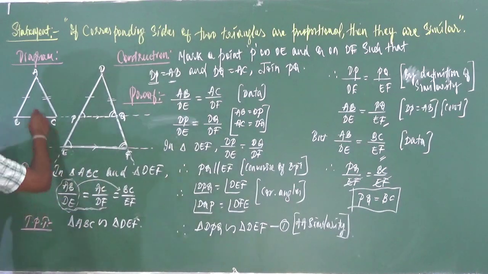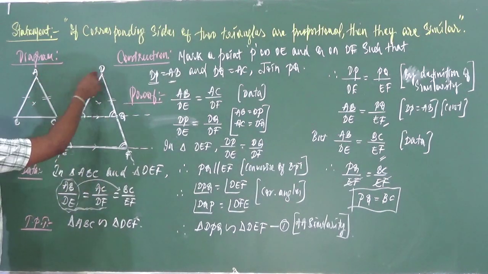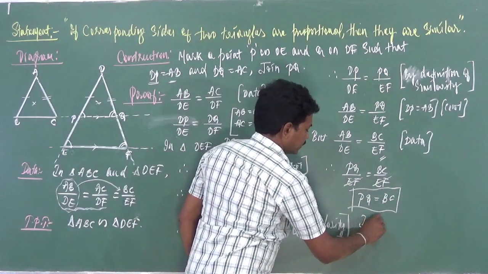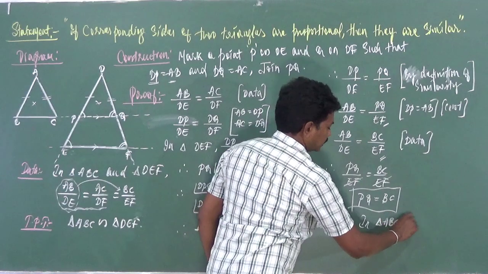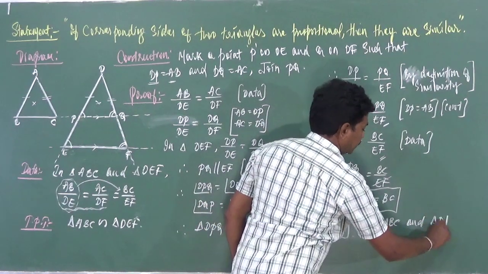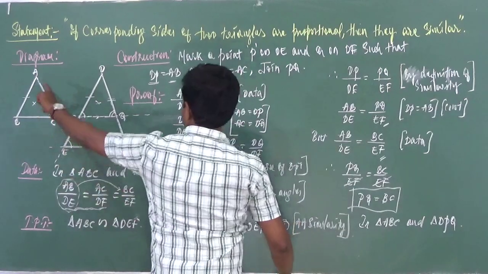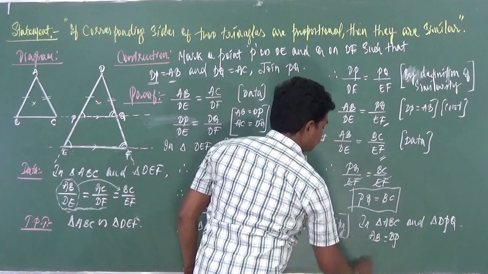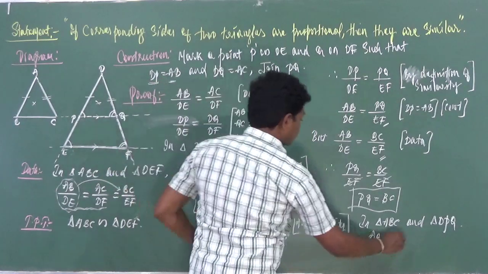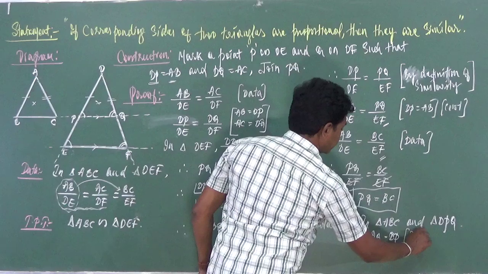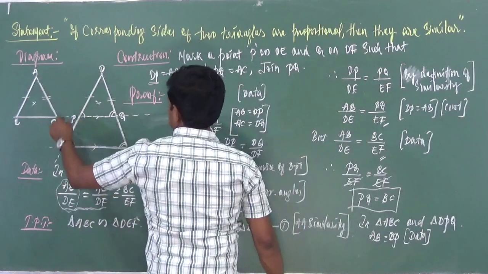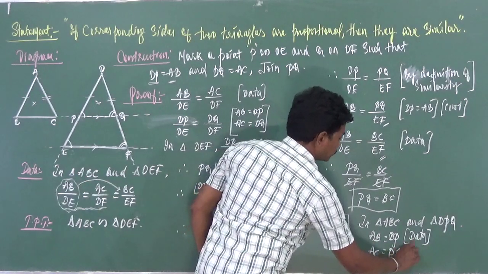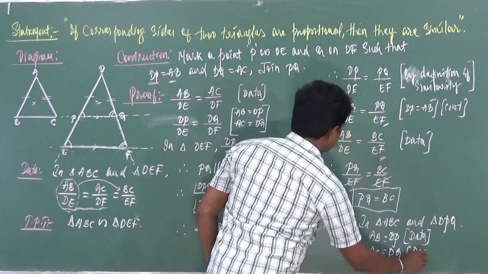Now we will take these two triangles, triangle ABC and triangle DPQ. AB is equal to DP, that is according to the data. Then AC is equal to DQ.